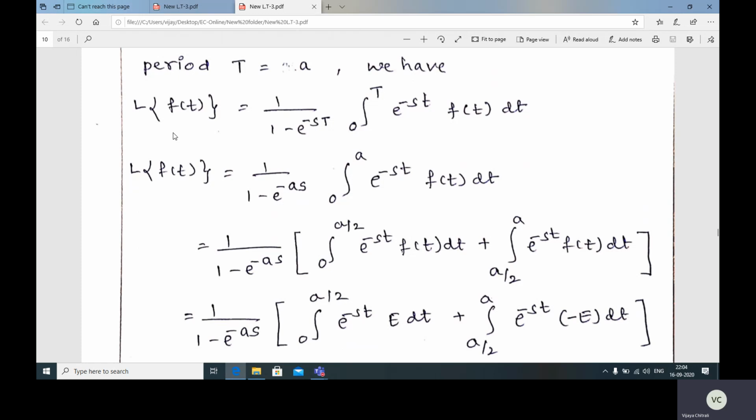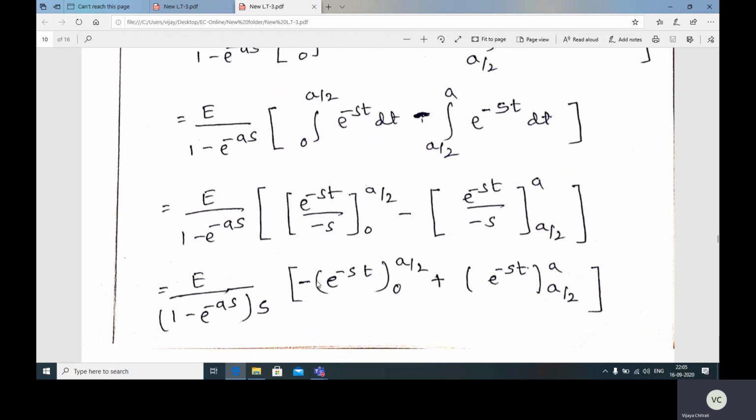Now in this interval 0 to a by 2 our function is capital E, and a by 2 to a our function is minus capital E. So you take capital E outside: E divided by 1 minus e raised to minus as into bracket, 0 to a by 2 e raised to minus st dt plus, into minus, integration from a by 2 to a e raised to minus st dt.